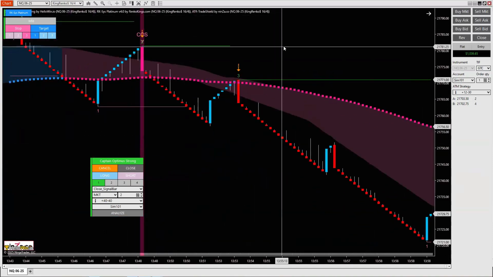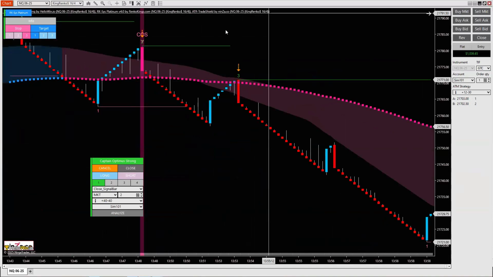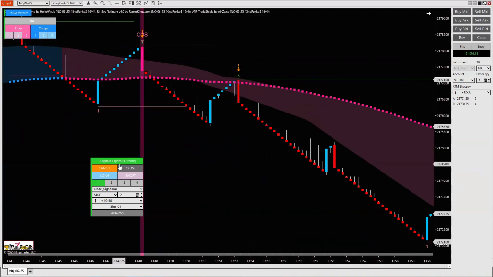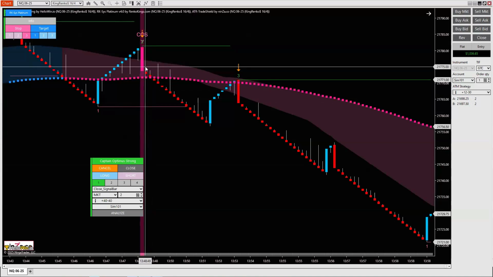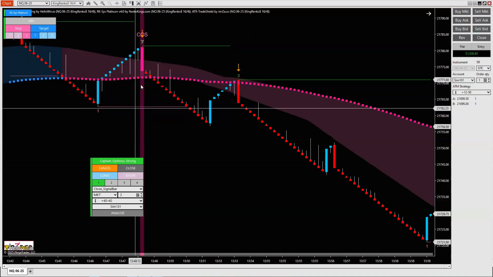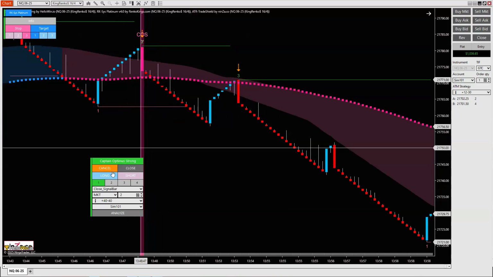Now, what I did not know, and what I discovered as I was getting ready for this webinar, is that Captain Optimus has a way of identifying and trading only the first signal in a direction. To me, it was very exciting. You might not be as excited about it, but to me, it's pretty cool that it could take only the first signal, which is what I want, and then trade it in full automation as long as I enable it.